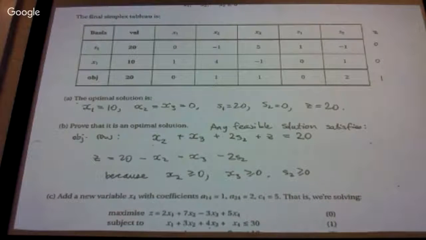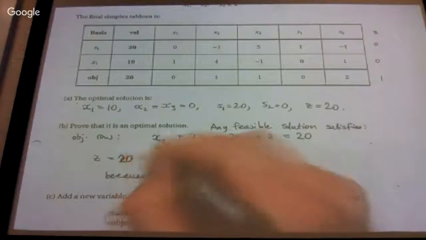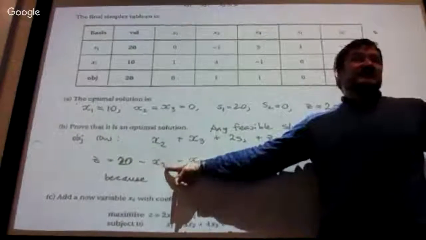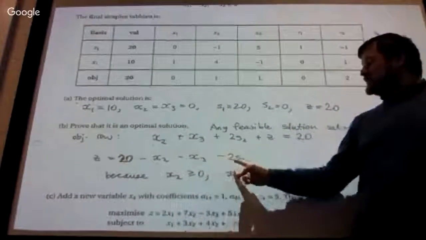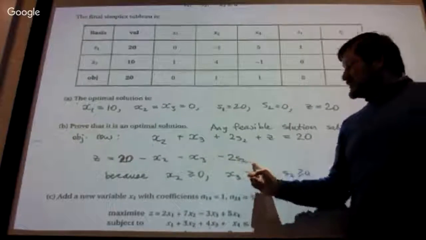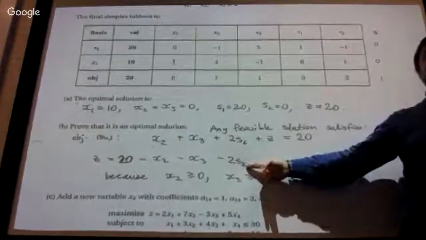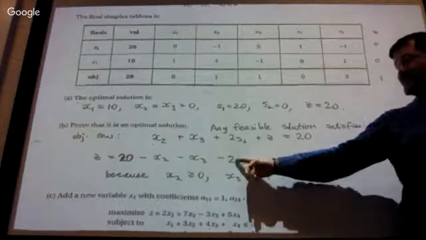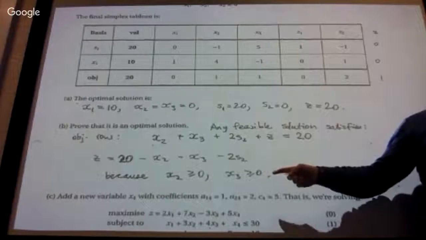So you start with 20. You take away something that can't be negative. You take away something that can't be negative. And you take away something that can't be negative. So this whole expression definitely can't be more than 20. Right? They're all 0, and this is exactly 20. But if some of them are positive, it's going to be less than 20.